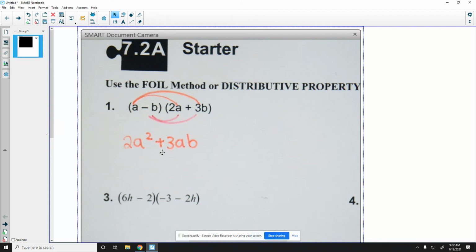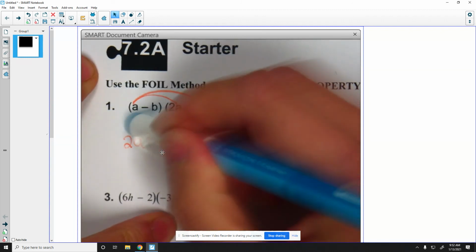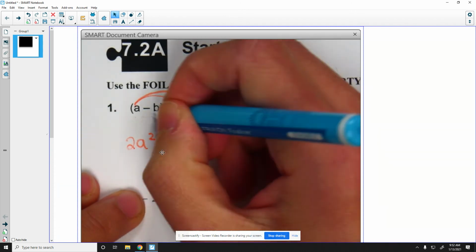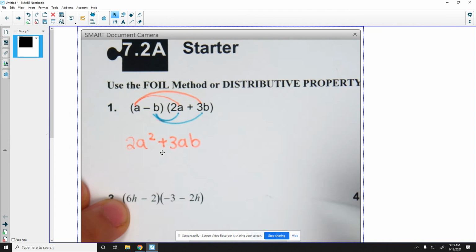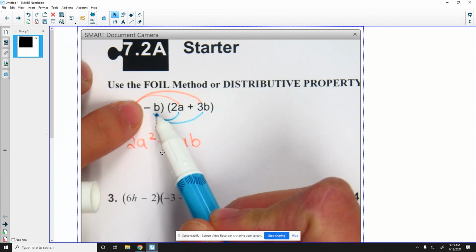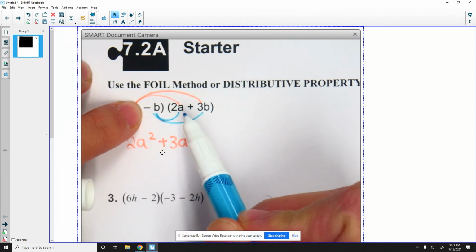Okay, I'm actually going to use a different color because orange and red look a little similar. Now I'm going to take the second number and I'm going to multiply. Remember, this is not B, this is negative B, or think of it as negative 1B. So what's negative B times positive 2A? Negative 2AB.